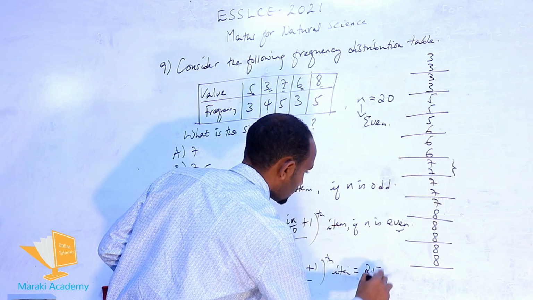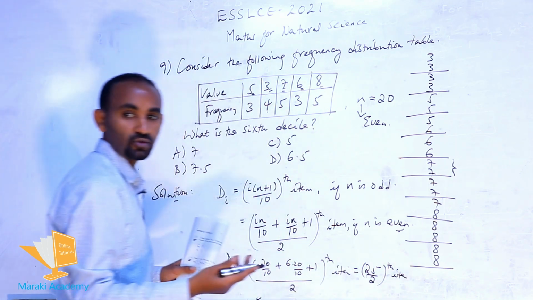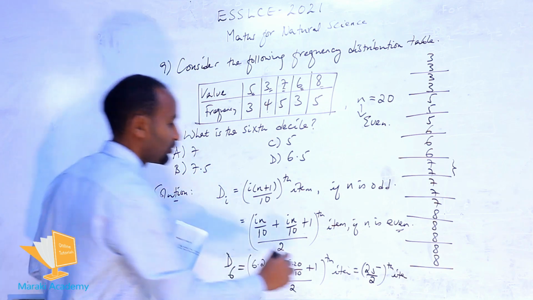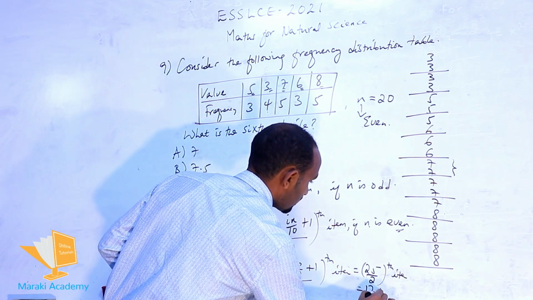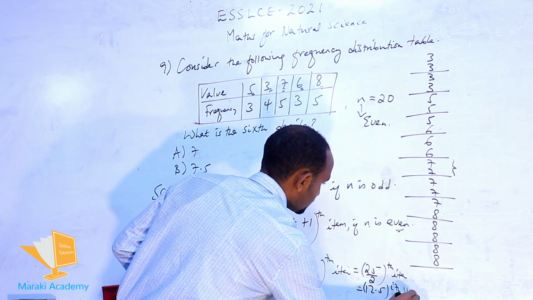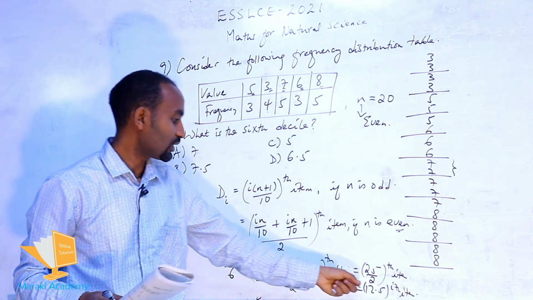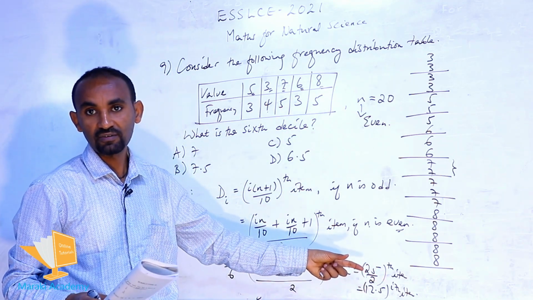The 25 over 2 item means 12.5, right, the 12.5 item. Now we count the items as 1, 2, 3, but what we found is 12.5.